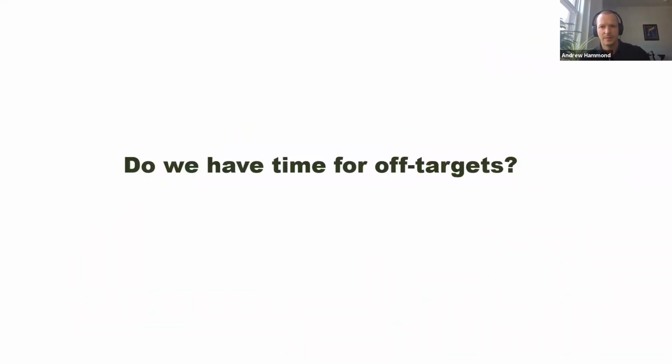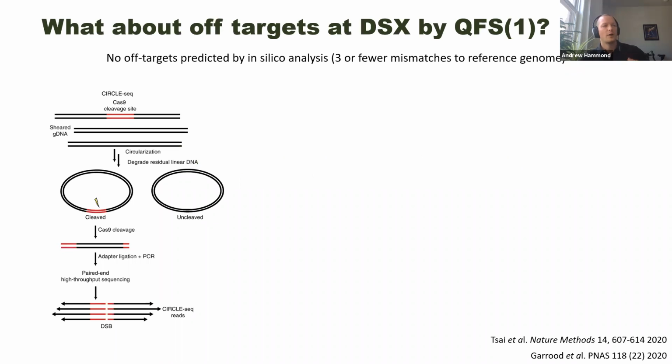So I'll talk a little bit about off-targets. One of the questions that people have is, could these guide RNAs be cutting somewhere else in the genome and generating mutations that we don't understand that could perhaps make a mosquito better at transmitting malaria for some reason or another?